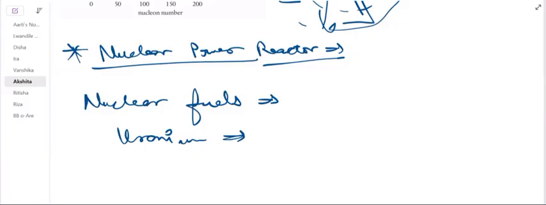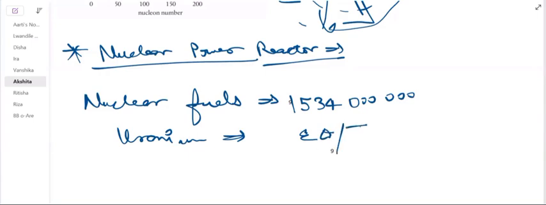Fine, Akshita. So uranium is the fuel, which gives out an energy density of 1534 million megajoule per liter.